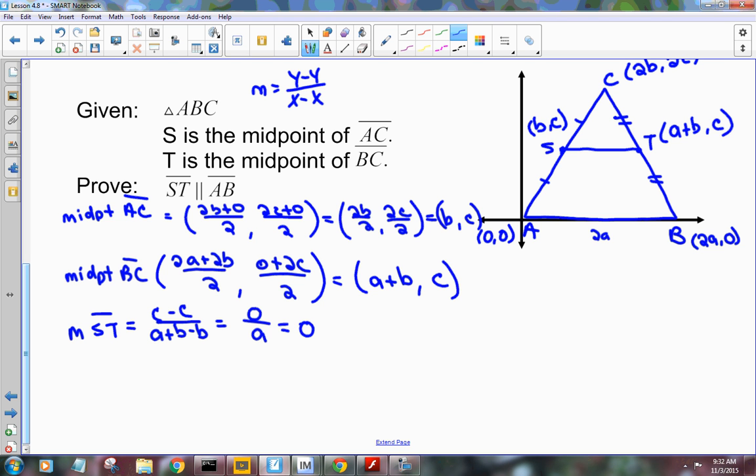Then I'm going to look at the slope of AB. Do the same thing: 0 minus 0 over 2a minus 0, that gives me 0 over 2a, which is 0. So what does that tell me about the slopes? They're the same, and if the slopes are the same, that means the lines are parallel, okay?